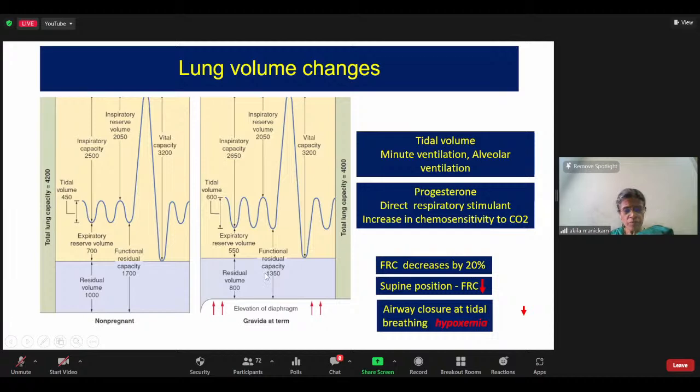For example, as I told you, when there is a term gravid uterus, there is elevation of the diaphragm. This elevation of the diaphragm causes a decrease in functional residual capacity of about 20%. And this happens even in a sitting posture.